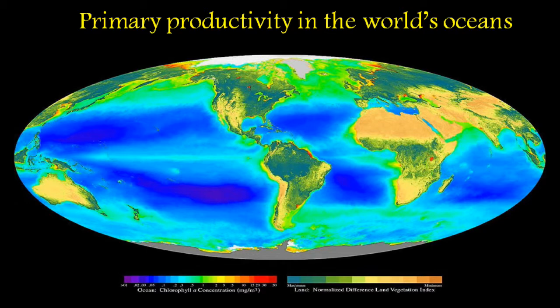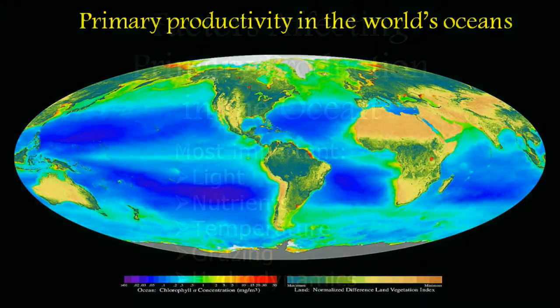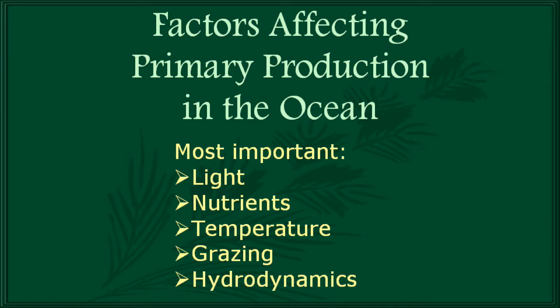And that's because of particular factors that influence where primary productivity is high. So what those factors are, the most important factors are light, nutrients, temperature, grazing, or the ones that feed on them, and the motion of the water, or hydrodynamics.